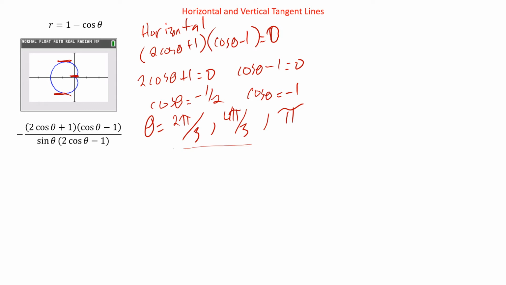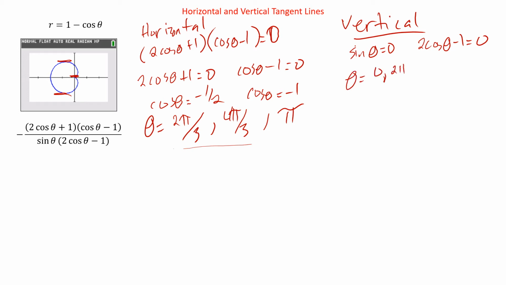If we want a vertical, we need to make the denominator equal 0. So sine of theta equals 0, or 2 cosine theta minus 1 equals 0. So if sine of theta equals 0, that's going to be 0 and 2 pi, and pi, actually. It'll equal 0 and pi as well.